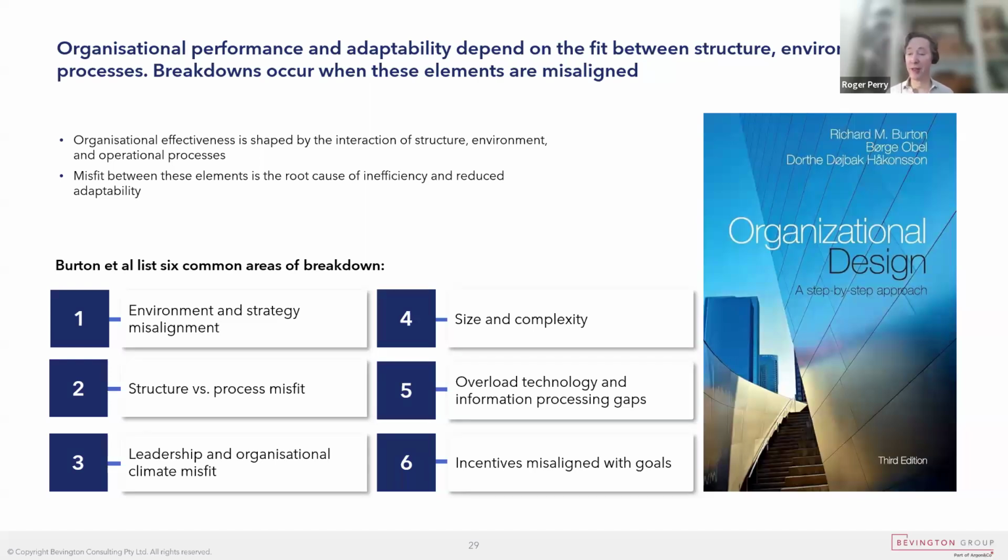A value driver tree effectively takes an outcome on the left-hand side. If you're a for-profit organization, that might be profit, EBITDA, whatever it happens to be. You break that down into, say, revenue and cost. You break down revenue and cost into its component parts. So revenue might be number of customers, number of products, average price per product, churn of customers, whatever it happens to be.